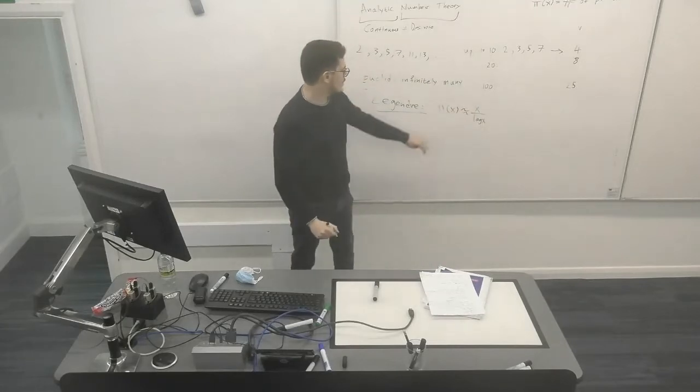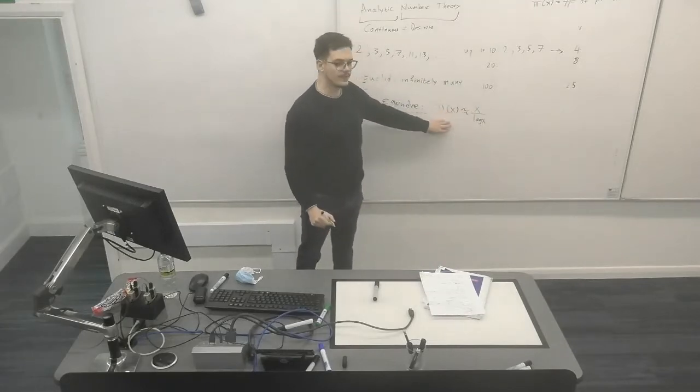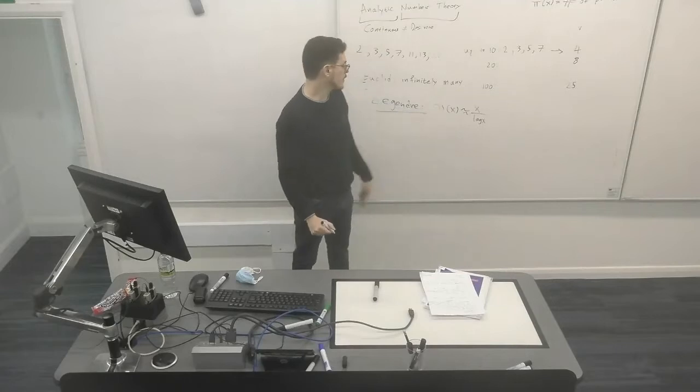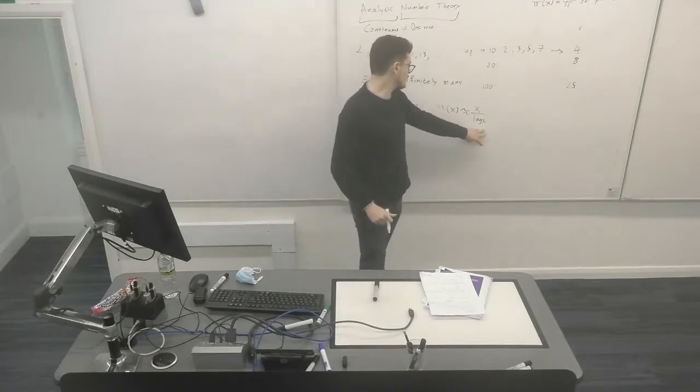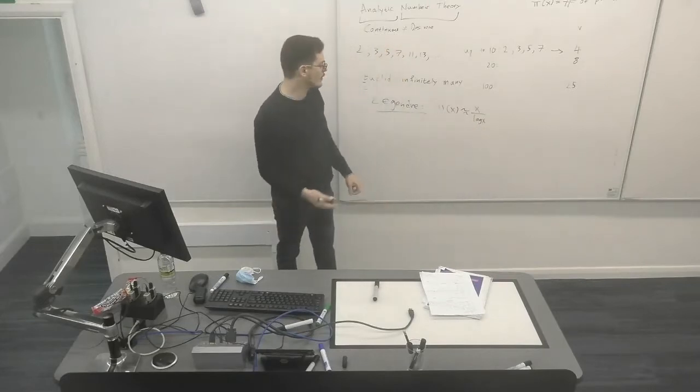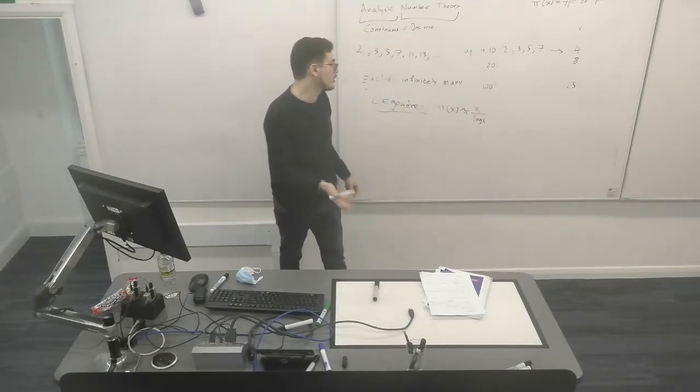So you have something completely number theoretic here, the number of primes less than or equal to x. And here you have something that looks suspiciously analytic, because log x is something that you find in analysis, not usually in number theory.